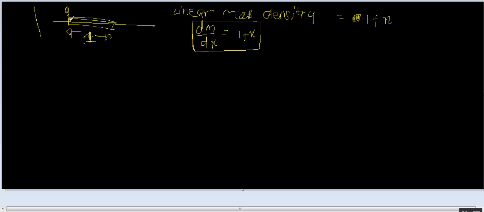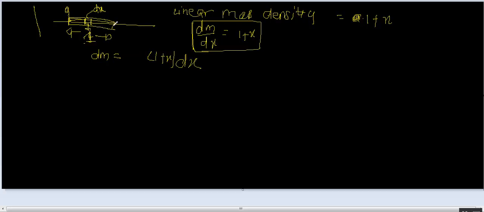So let's suppose at a distance x from the origin, this is the mass, this is a dx length. So what is this mass dm? dm is equal to 1 plus x dx.